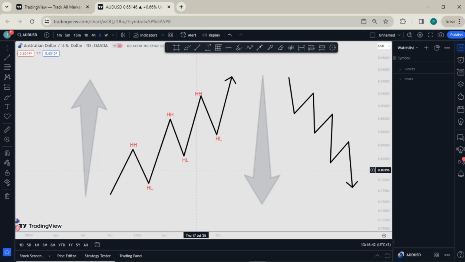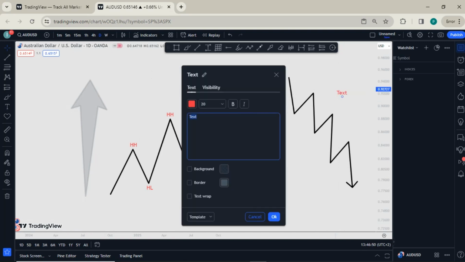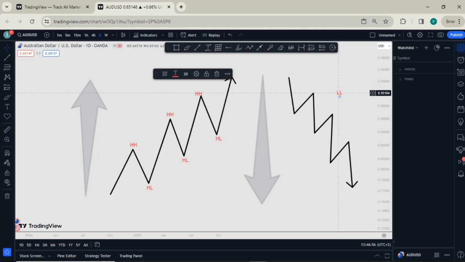So for now, guys, one thing I want you to do is that on a downtrend, we're going to see something like this. Lower low, which is here. We're going to have our lower low, our lower low, our lower low, right?